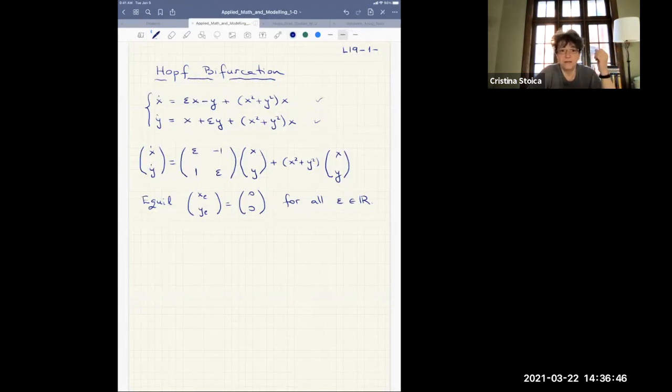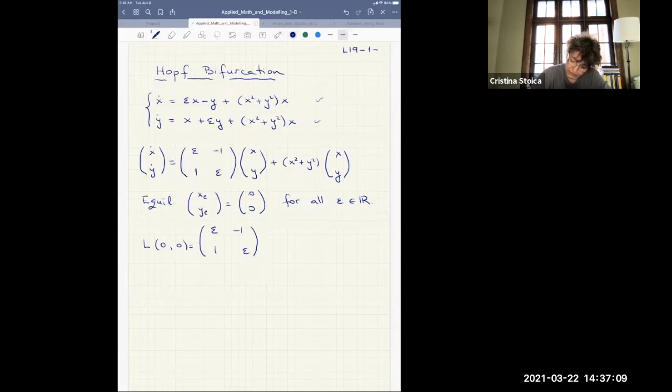So when we look at the linearization matrix, we can do it at 0, 0, and we end up with epsilon, -1, 1, epsilon.